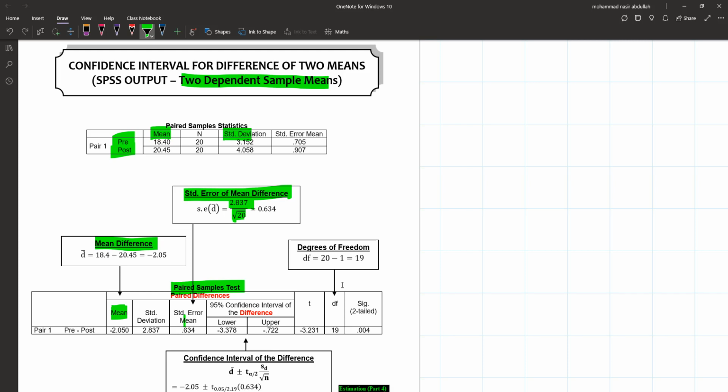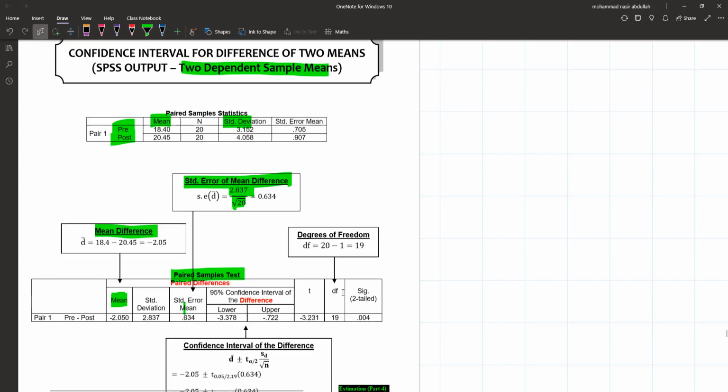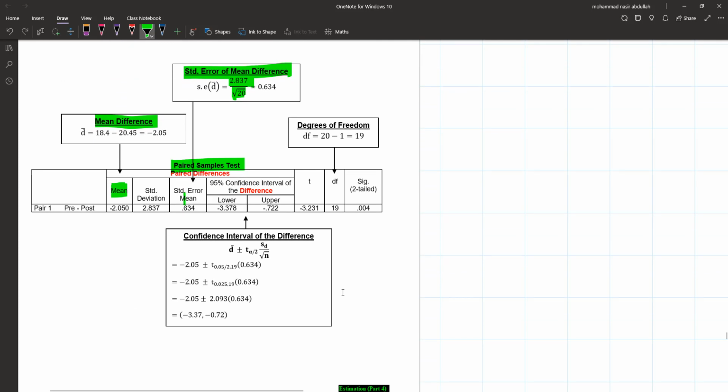The confidence interval of the difference is the mean difference multiplied with the t distribution with degree of freedom 19, and multiplied with the standard error, you will get this value.